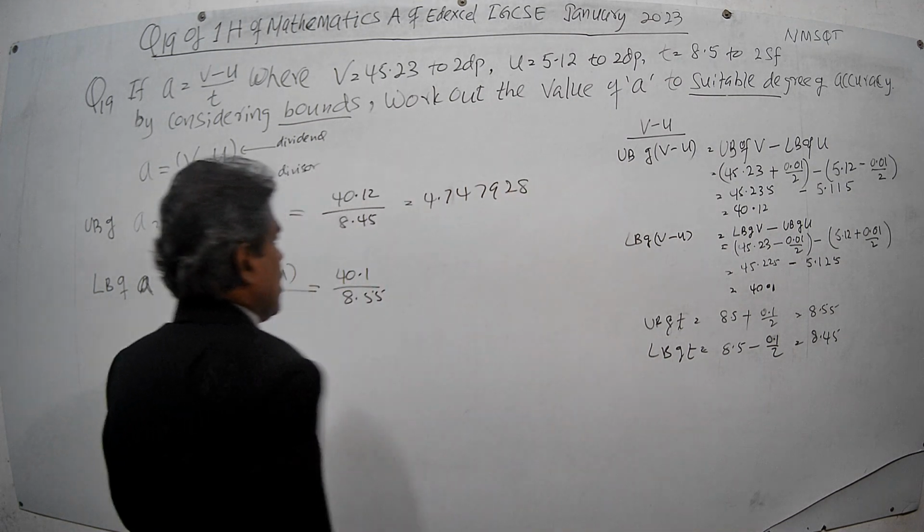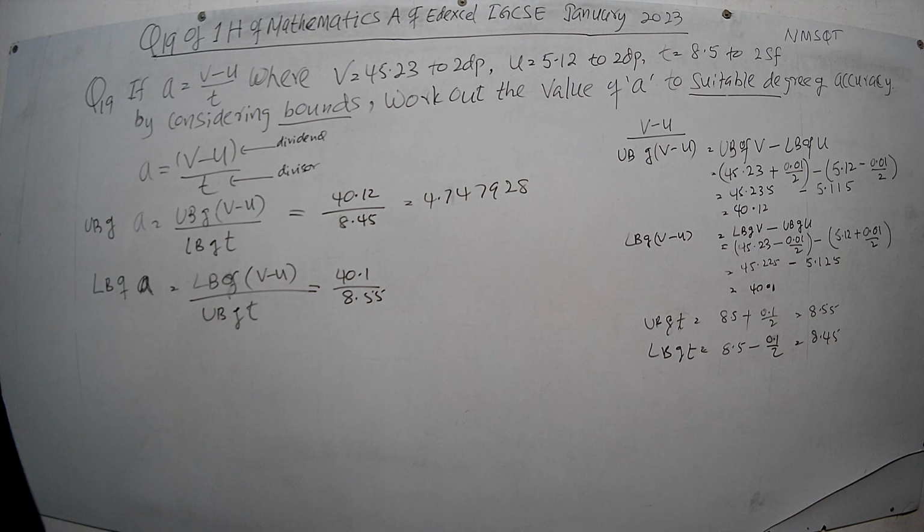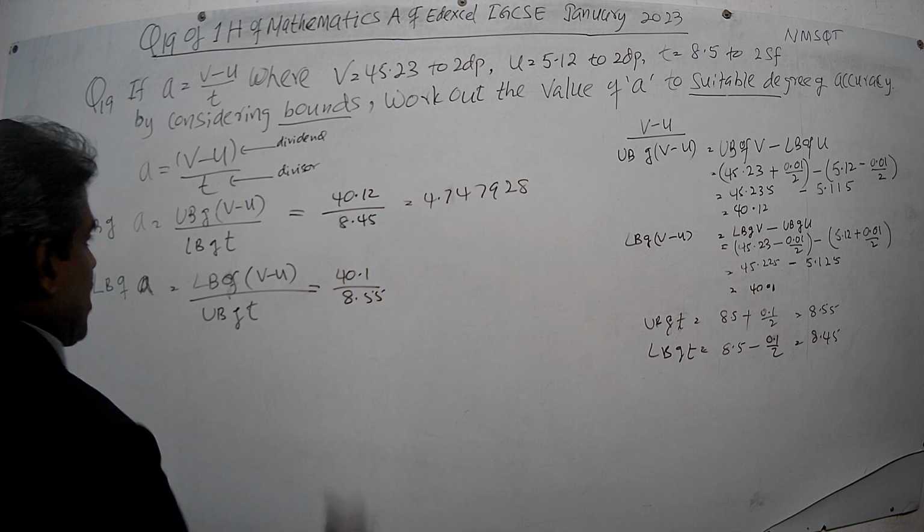We will write several decimal places like this because later on we have to round it to a suitable degree of accuracy, right?